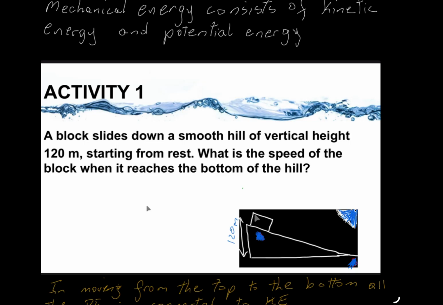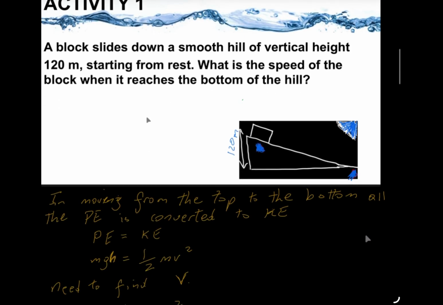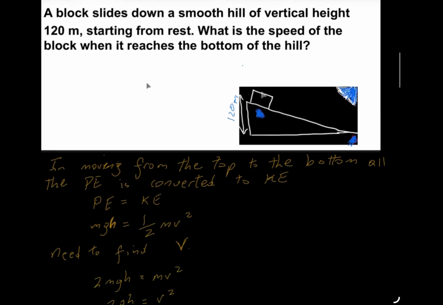So between the top of the hill and the bottom, all the potential energy was converted to kinetic energy. So here, because of this conversion from all PE to all KE, we can say that PE is equal to KE. So the same amount of potential energy it had at the top is converted to kinetic energy when it reaches the bottom.